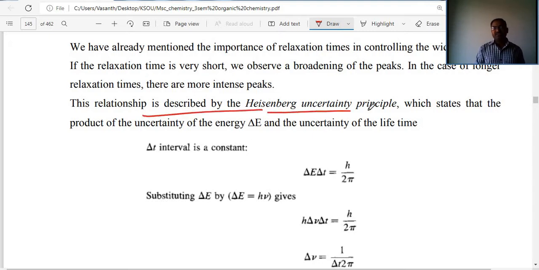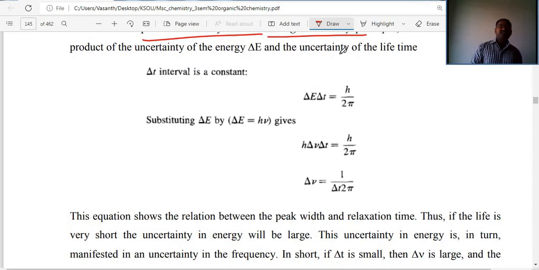The relationship is described by the Heisenberg uncertainty principle, which states that the product of the uncertainty of the energy, delta E, and the uncertainty of the lifetime, delta T, is equal to h/2π. So what is that uncertainty principle?